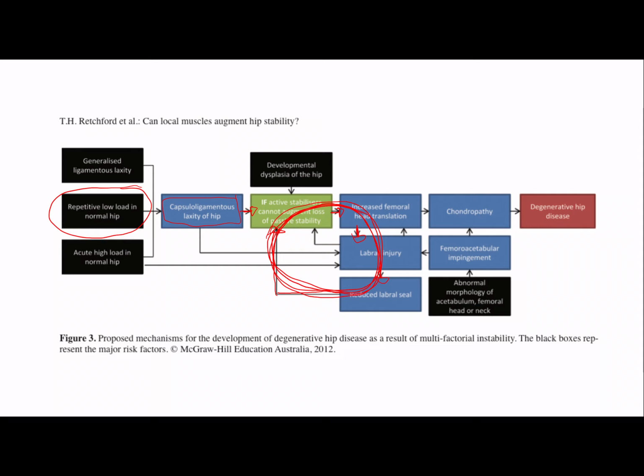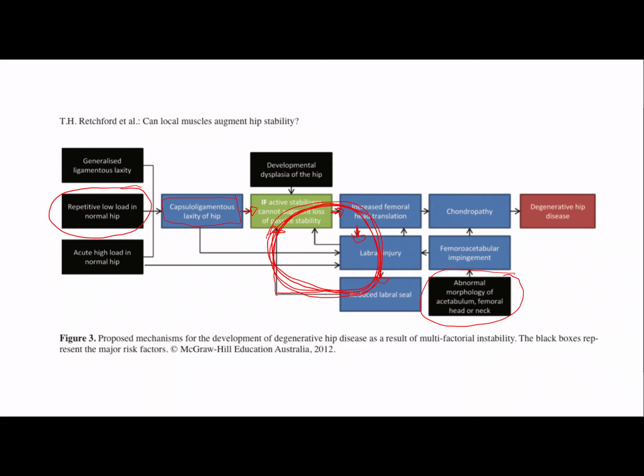The other one is from the FAI and the extra bone that we talked about in the last video, causing the labrum injury and then jumping into the cycle of repeatedly damaging that labrum.